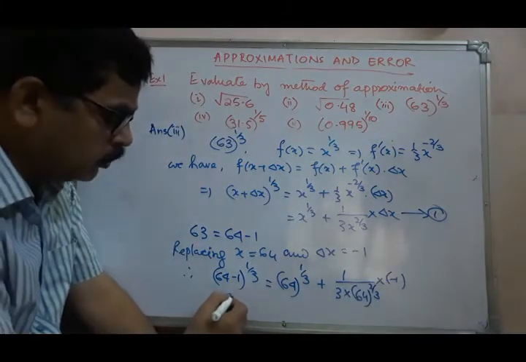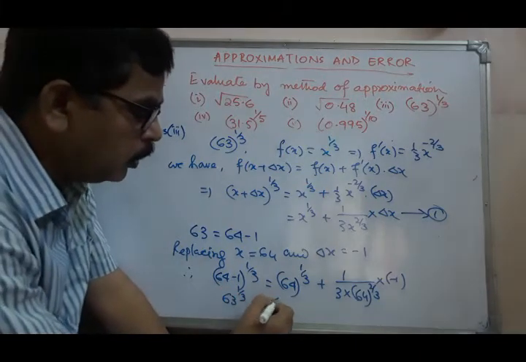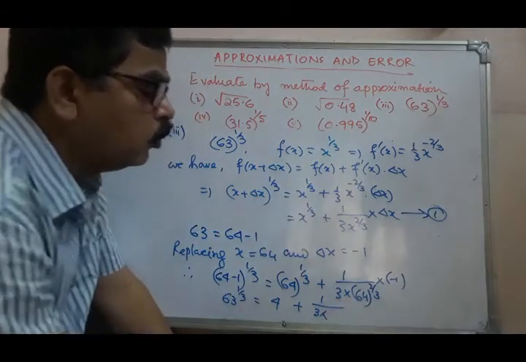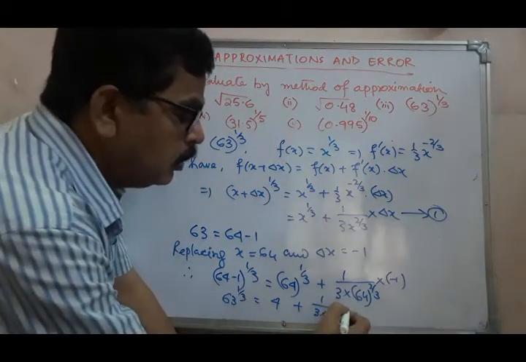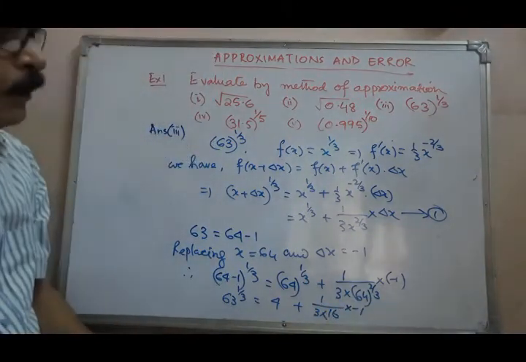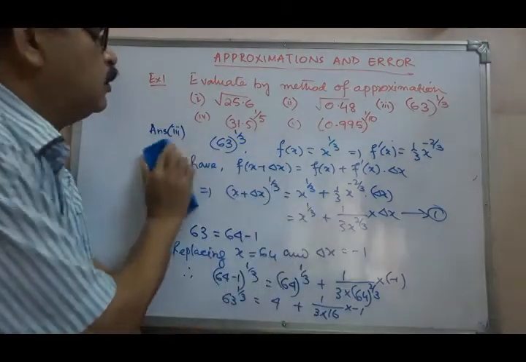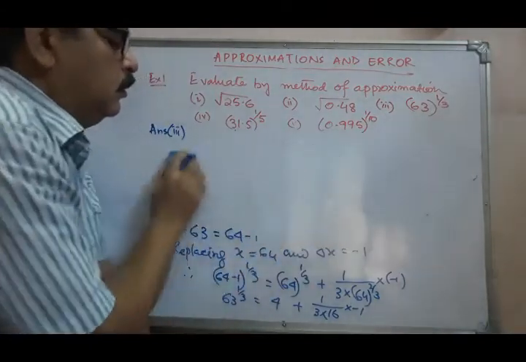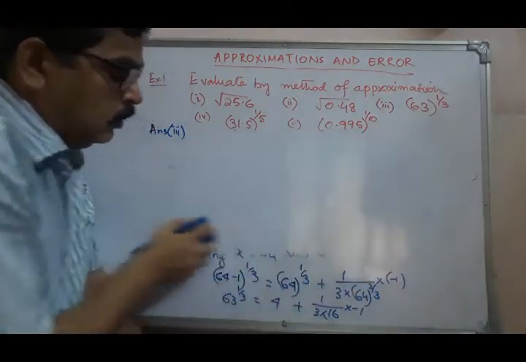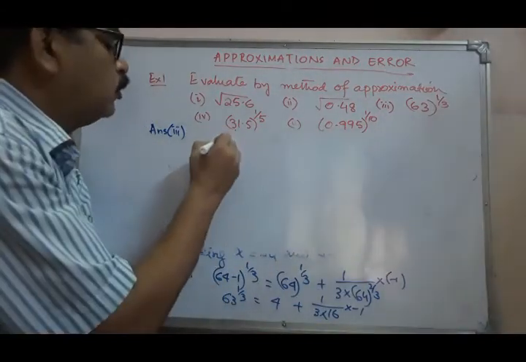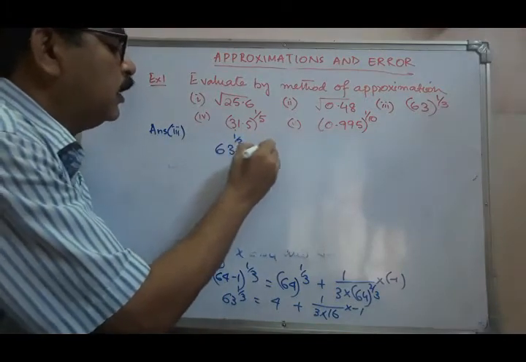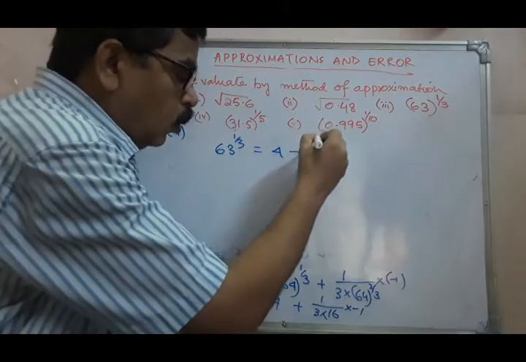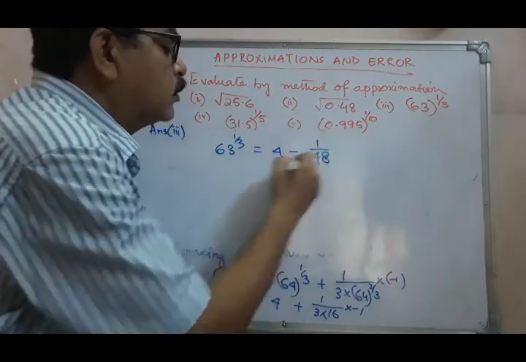So we are getting 63 to the power 1 by 3: it is 4, plus 1 by 3, 4 cube is 16, into minus 1. Simplifying further, 63 to the power 1 by 3 equals 4 minus 1 by 48.